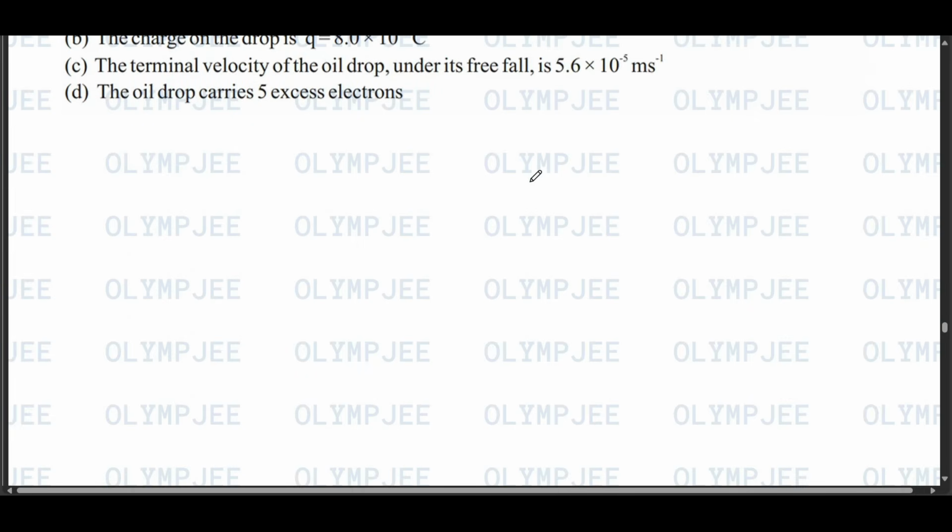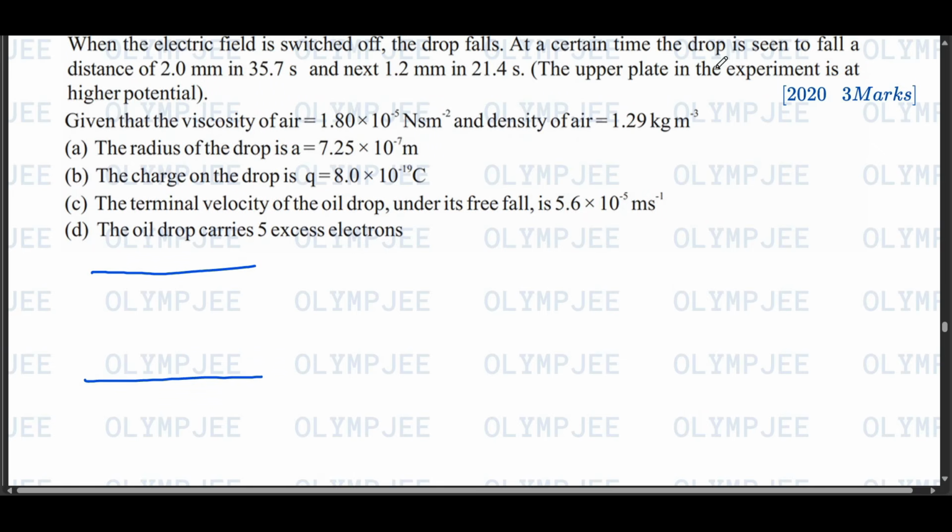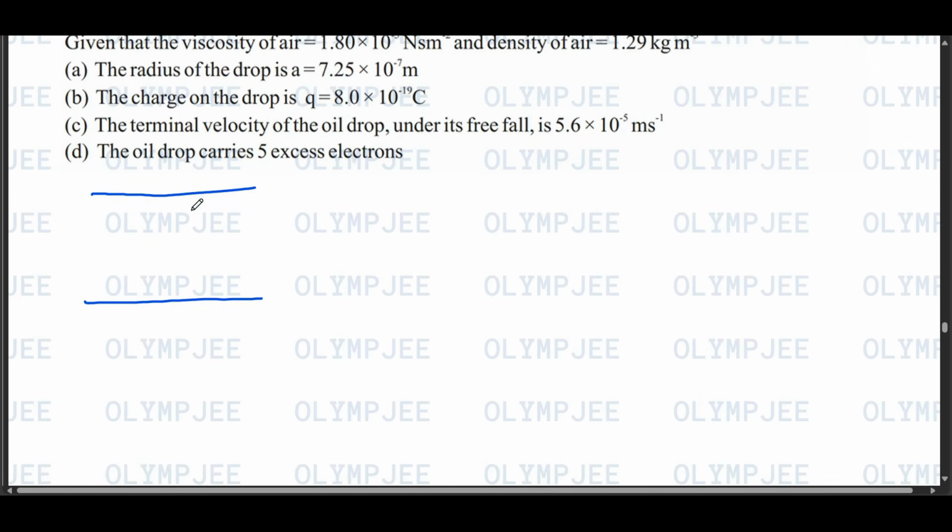I am first drawing the case when the electric field is switched off. So these are the plates, and the upper plate is at a higher potential. It is given the upper plate is at higher potential, so positive charge on the upper plate, negative charge on the lower plate, and when the drop is falling, it will eventually reach terminal velocity, and there will be mg acting downwards.